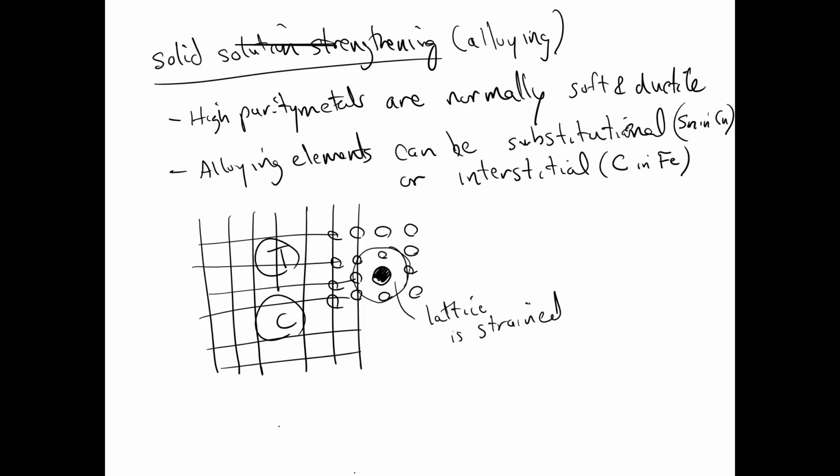So when a dislocation comes upon this element in solution, these strain fields start to overlap, and it doesn't really like that. It takes more stress to make that dislocation move through there. So I've got strain in the lattice. We also know that dislocations have strain. So the more alloying elements I get in there, the more strain in the lattice, and the more it interacts with dislocations.